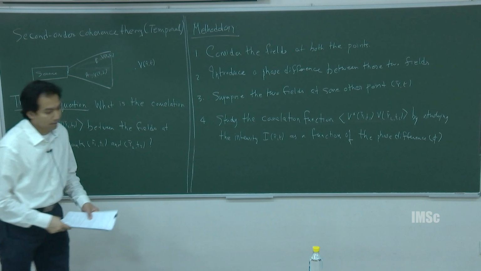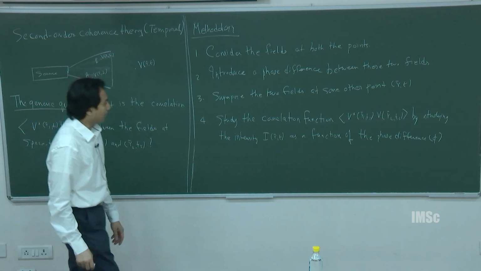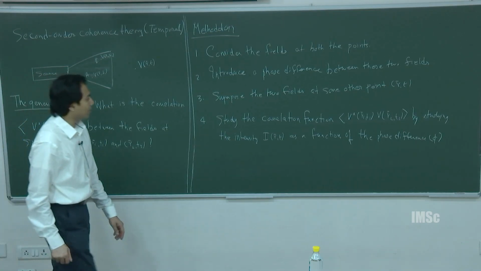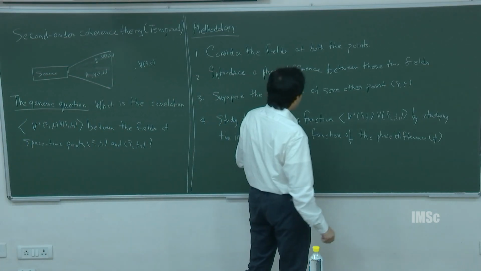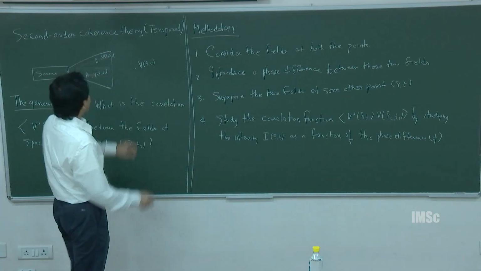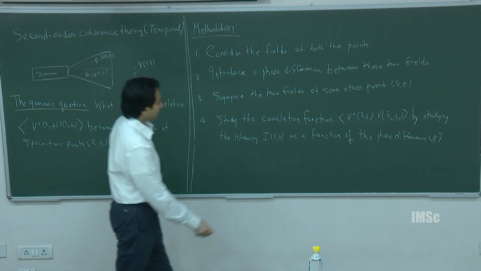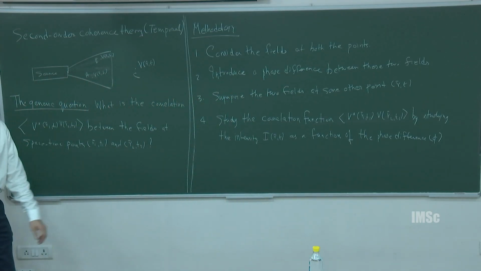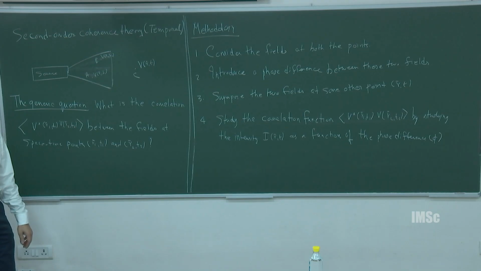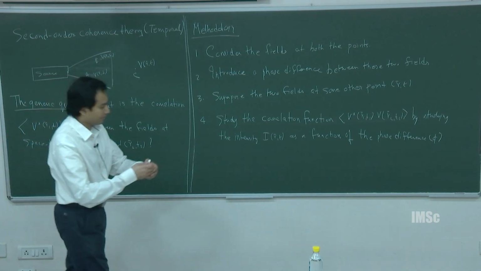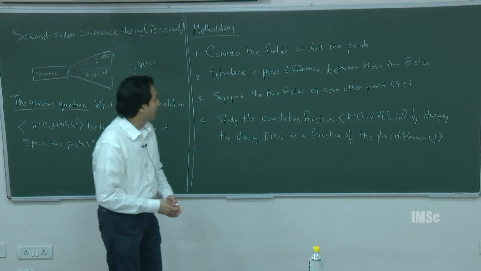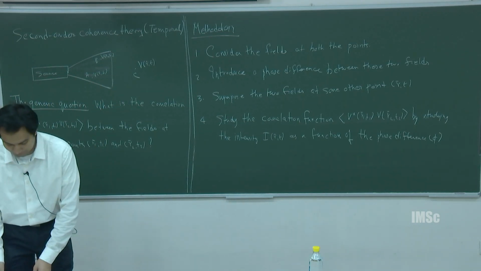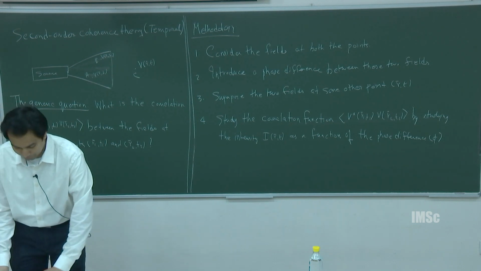So the fourth point tells us that we will be attempting to relate the intensity at this point C to the correlation function V conjugate R1 T1 times V of R2 T2. So we will try to investigate the correlation by looking at the intensity. Correct? Is this clear? Any question?